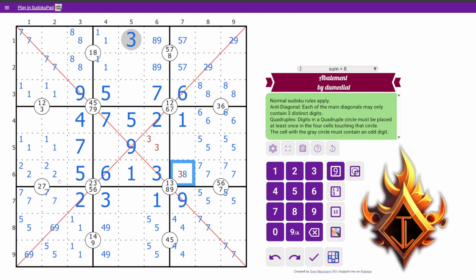And this will be the 8. And now 3, we'll go with that 7 there. 7, 7, 3, 3. 3 can go here or here.